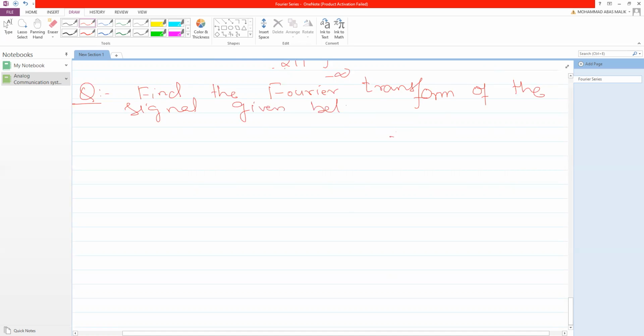This signal is like this. This is your t, this is your f of t. This value here is equal to 1.